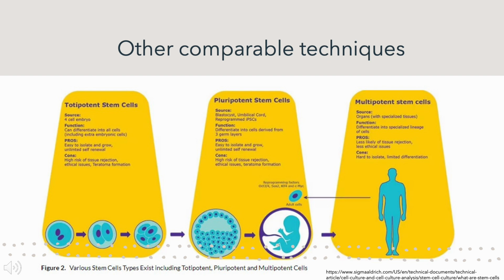Pluripotent stem cells begin with blastocysts, umbilical cords, or reprogrammed stem cells, while multipotent stem cells begin through organs with specialized tissues. Multipotent stem cells are also hard to isolate and have limited differentiation, while that's the opposite for pluripotent stem cells.